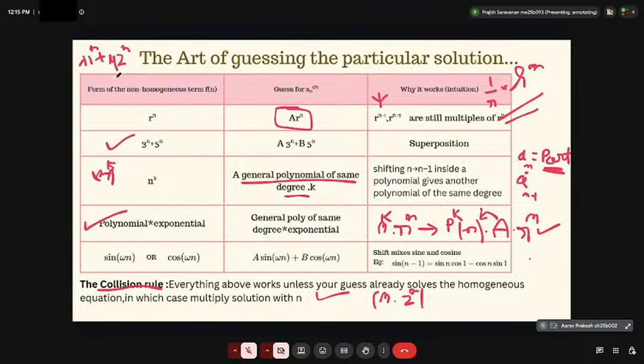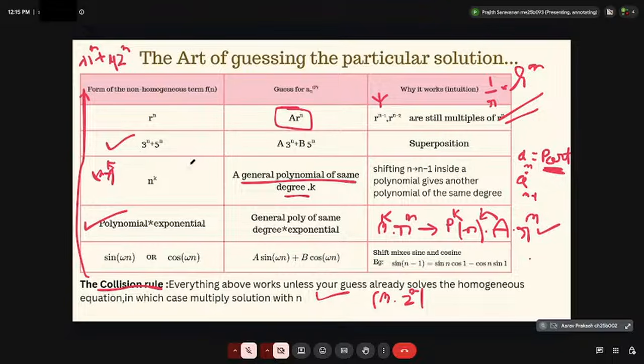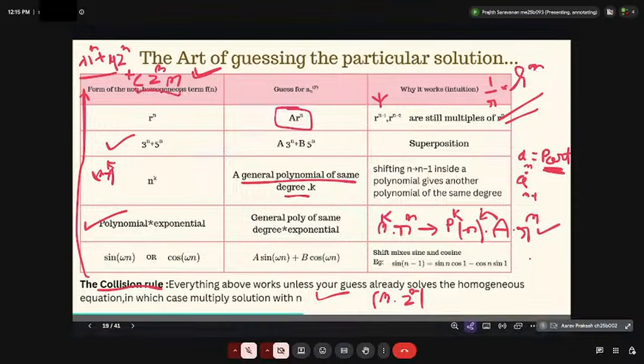And your non-homogeneous part, I'm talking about the collision rule, by the way, is some 2 power n again. Because there is a 2 power n expression in your non-homogeneous part, you're guessing 2 power n, so this gets included here. To ensure that the solutions are separated, we multiply by n in the non-homogeneous part. So this solution plus some constant multiplied by this solution will be your answer. So the constant and n will be multiplied for the non-homogeneous part, not the homogeneous part.